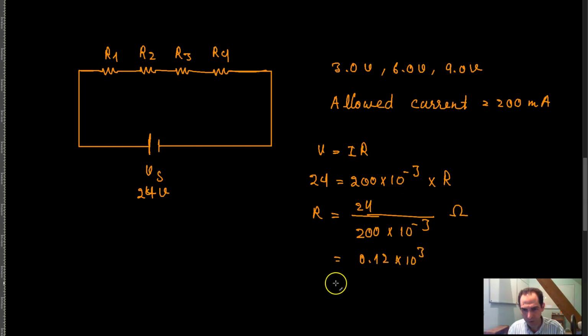And so you have 120 ohms, right? So R of T in this circuit would be equal to 120 ohms.